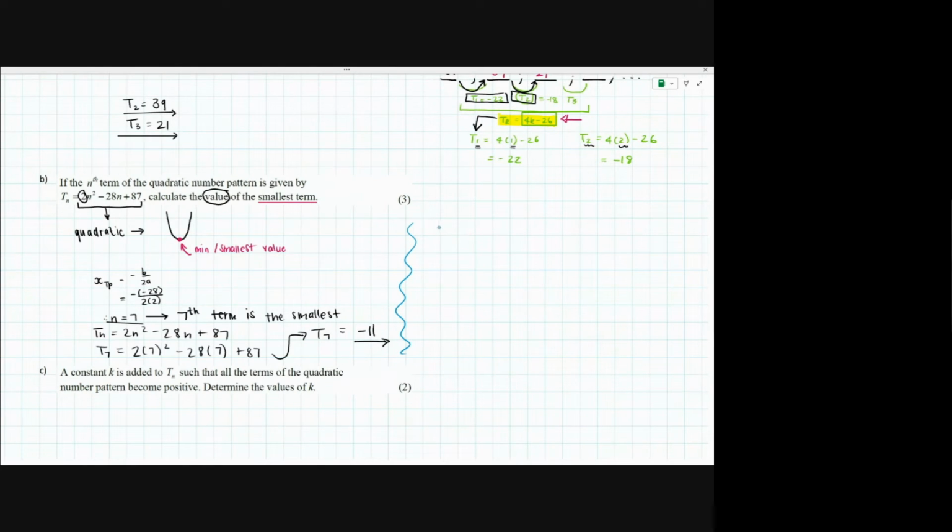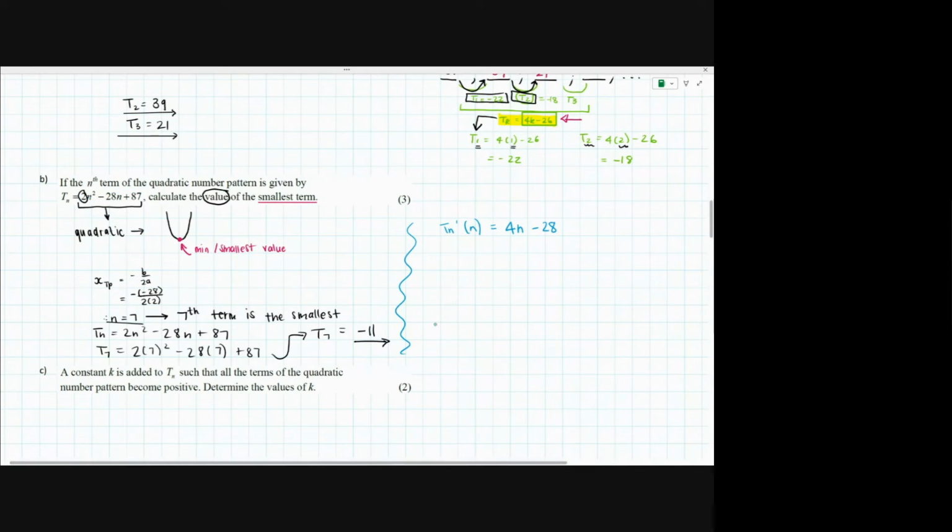Trying to think about how you would write this as the derivative. This shouldn't be so hard. Tn dash in terms of n is equal to 4n minus 28. That would be the first derivative of the quadratic expression I was given.